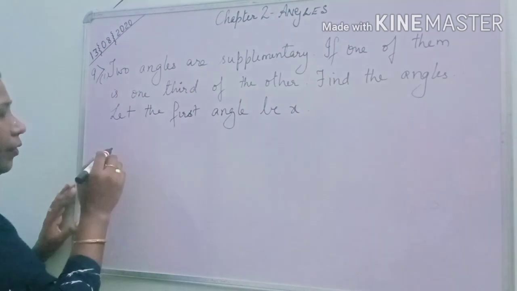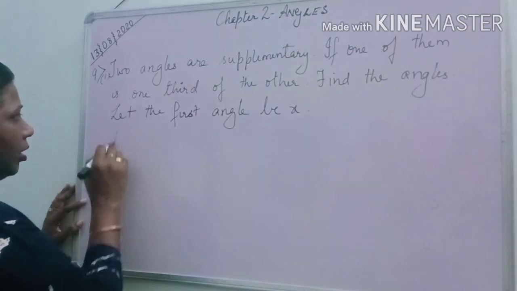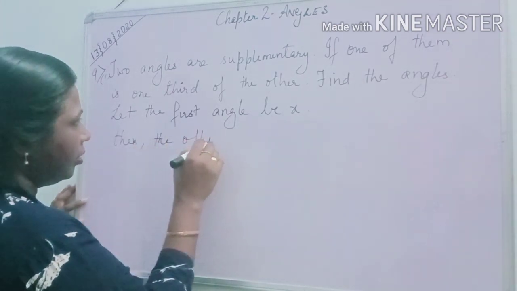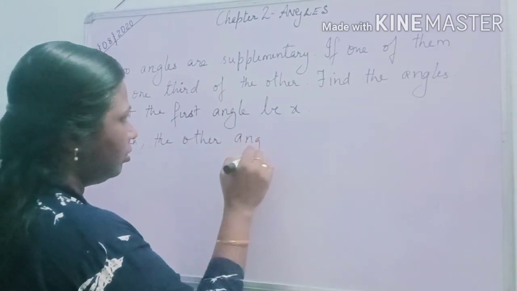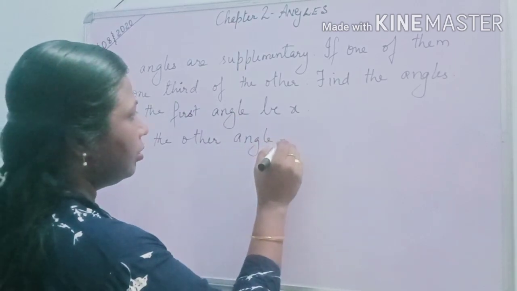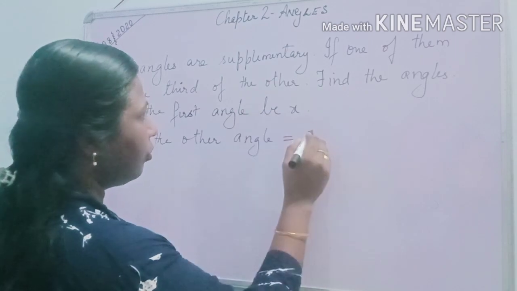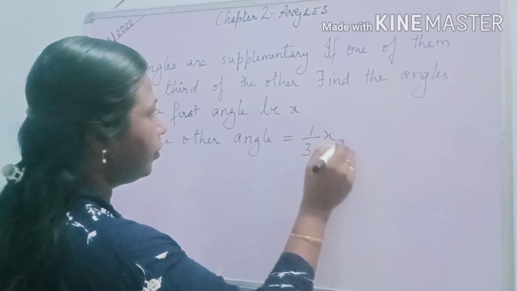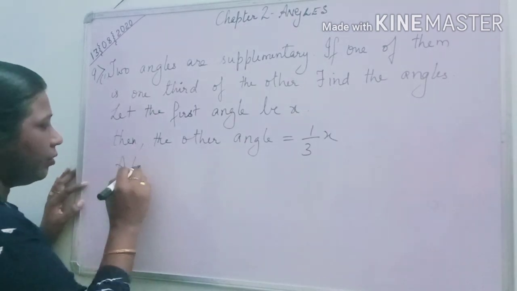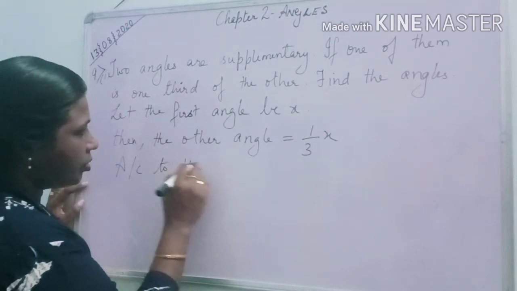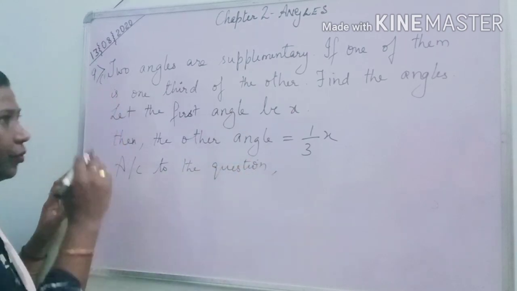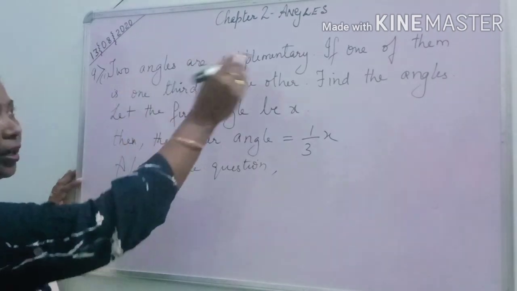Then the other angle, or second angle, is equal to 1/3 of x. Then according to the question, the two angles are supplementary.